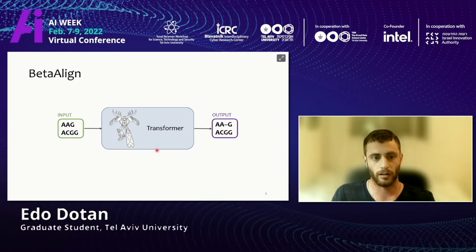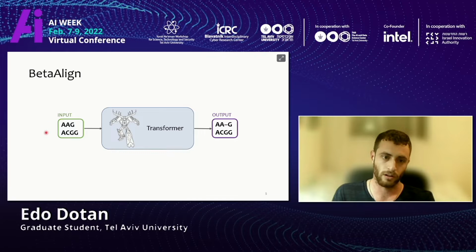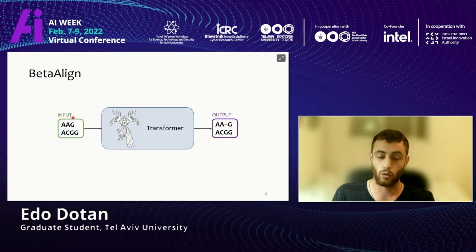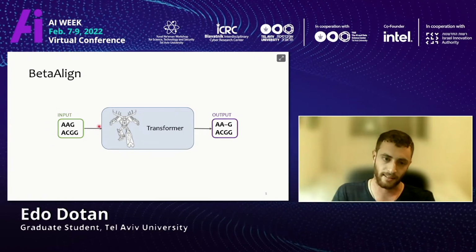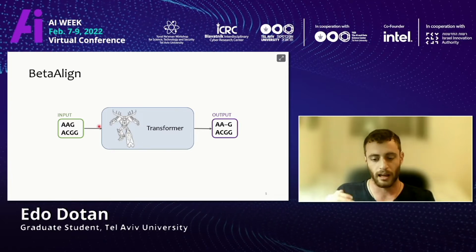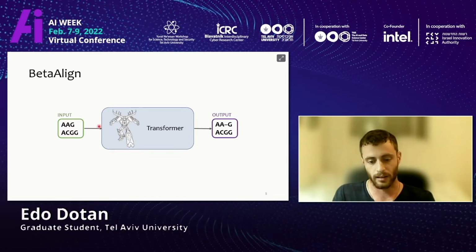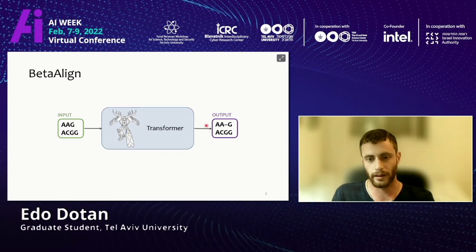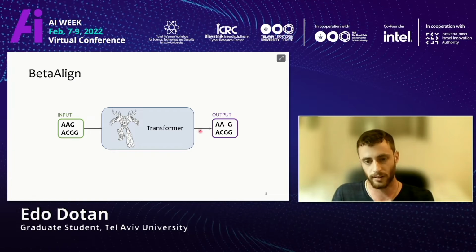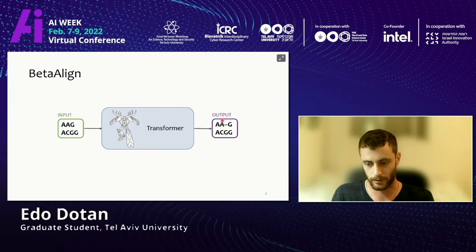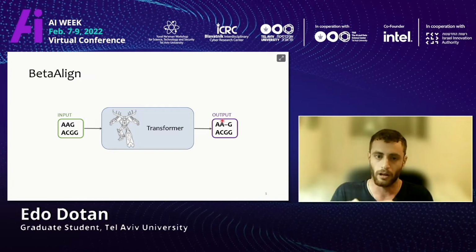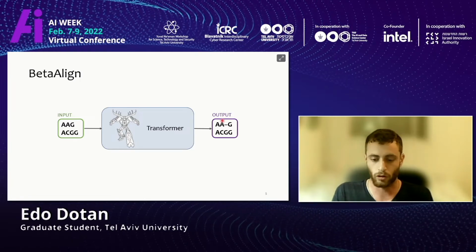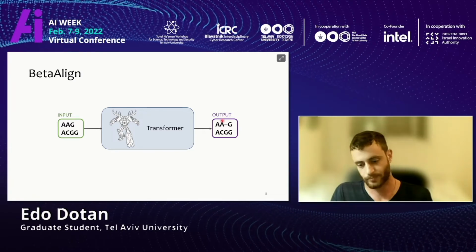The first one is how to encode the input sequences into one sentence, because the transformer translates sentence to sentence, and once we translated the sentence, we need to decode the result sentence into an alignment. So once you have the encoding and decoding, you can train the transformer to align the sequences.